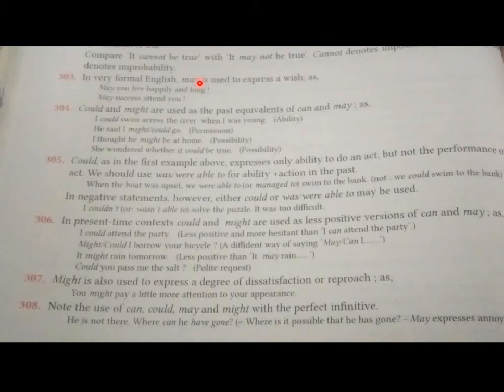So it can be or cannot be. It's like a probability. May denotes that, and cannot denotes impossible. It cannot be true. It cannot be. It is denying, not agreeing. So it's impossible.